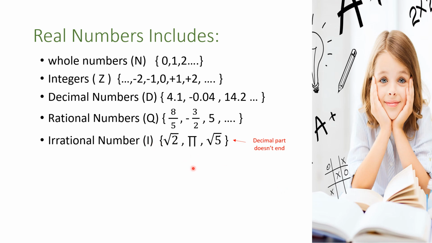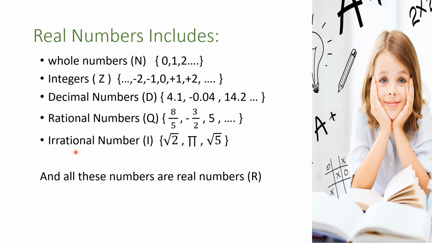Put radical 2 on your calculator, radical 5 on your calculator. These numbers are not decimals. These are irrational numbers. So all of them are real numbers.